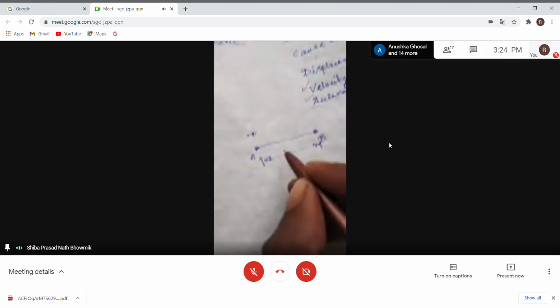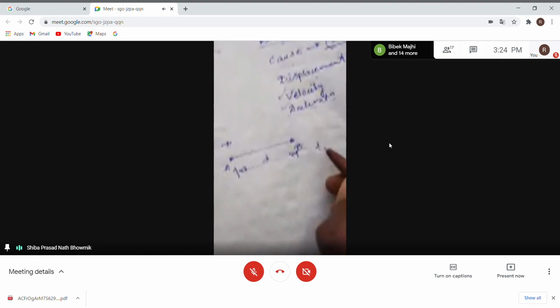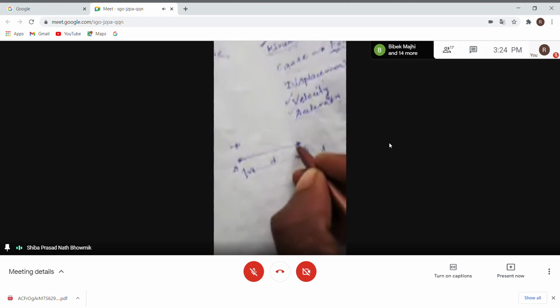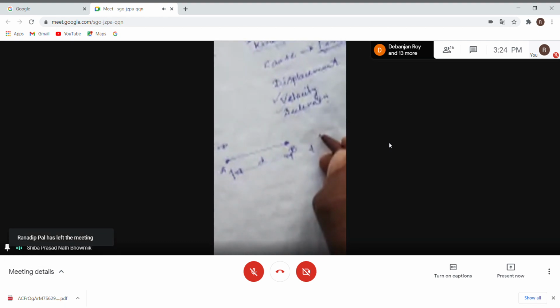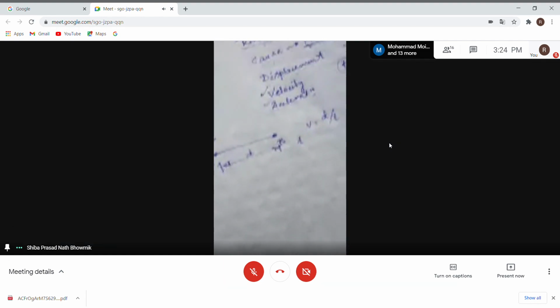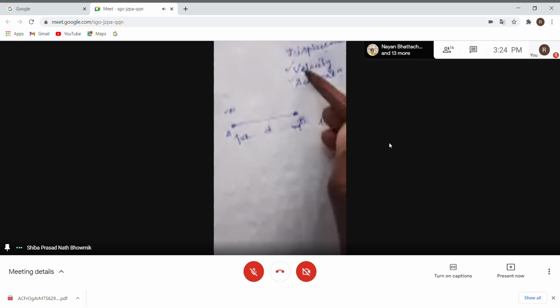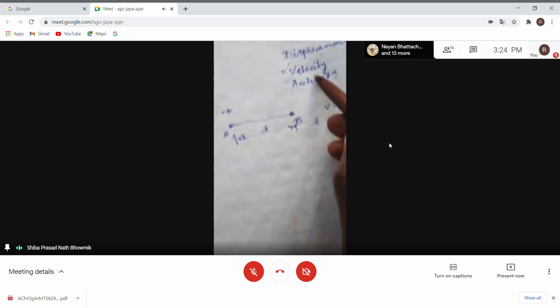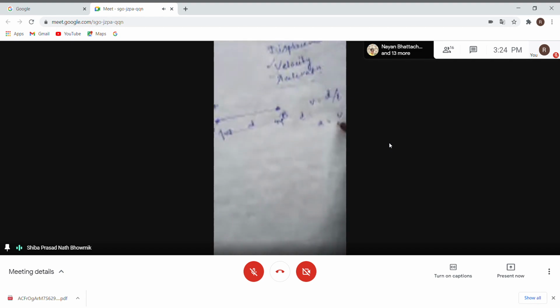Suppose it takes time t to reach point B. Now, how fast is it? That means velocity will be d by t, right? Now again, what is the rate of change of velocity? It is nothing but acceleration. So acceleration is v by t.